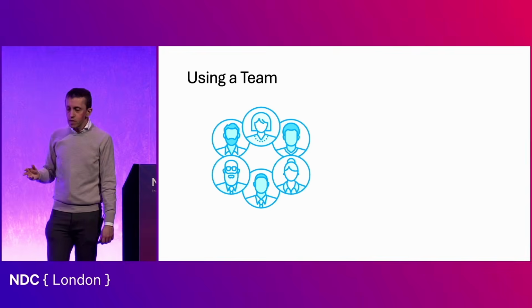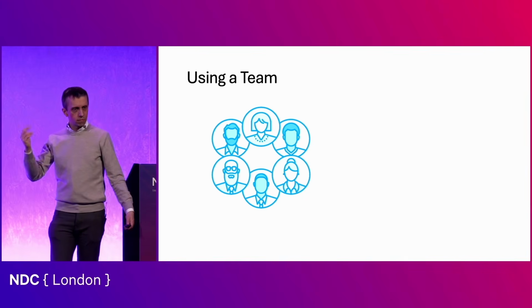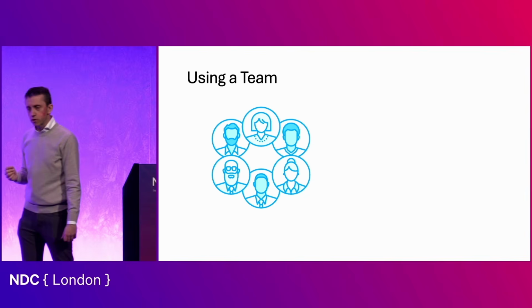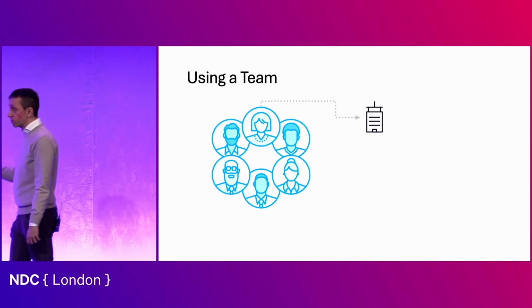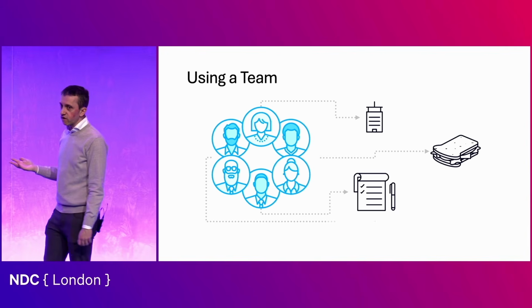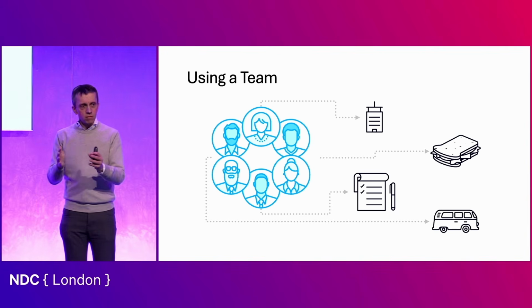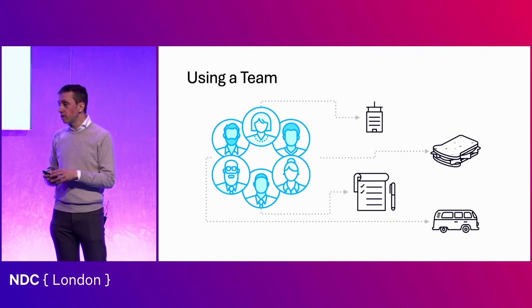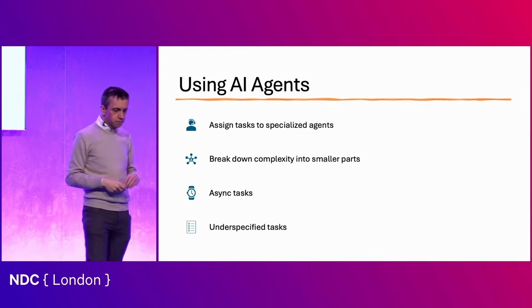So you split up the tasks between a set of personas, agents, whatever you want to call them. Someone takes care of the venue, someone does the catering, someone does the speakers, and someone does the travel. Less burden, less possibility to make mistakes. That is the whole setup around agents in a nutshell.